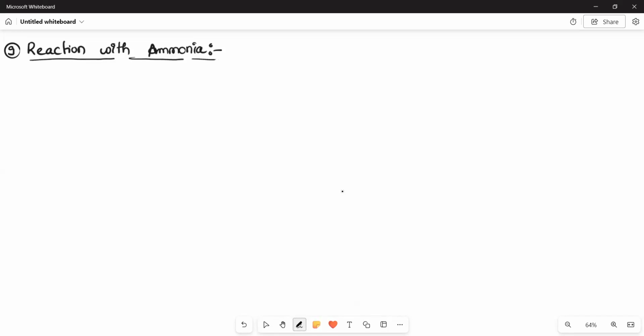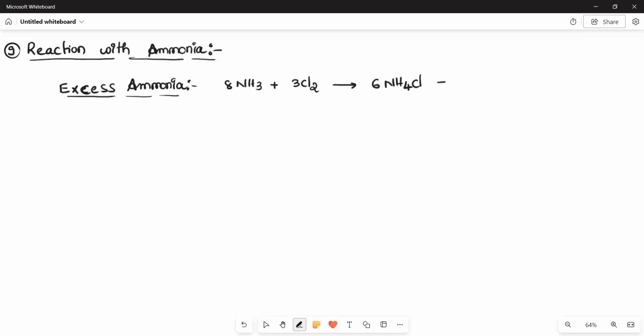So here also, if we are dealing with excess ammonia, what will happen? 8NH3 plus 3Cl2 gives rise to 6NH4Cl plus N2.